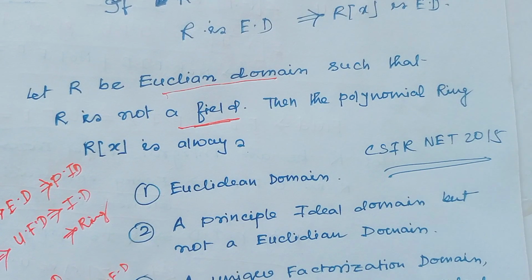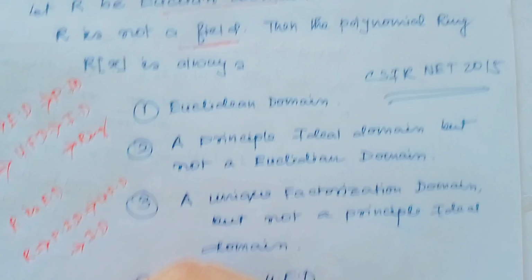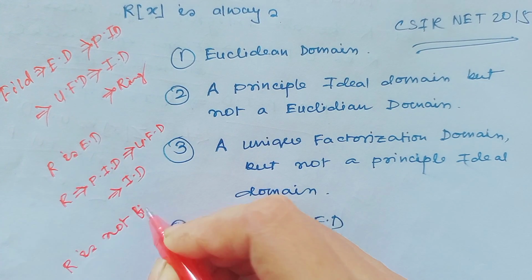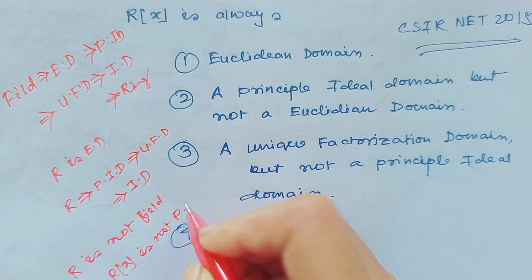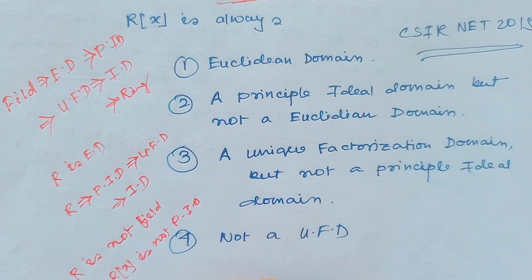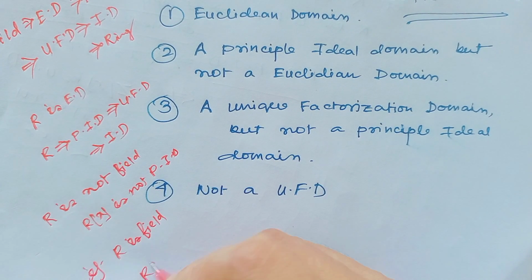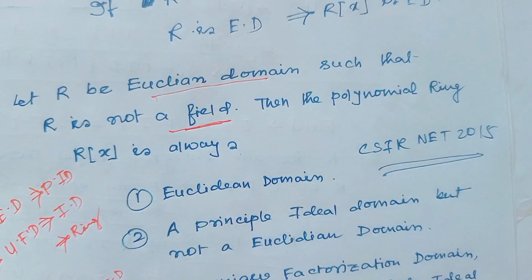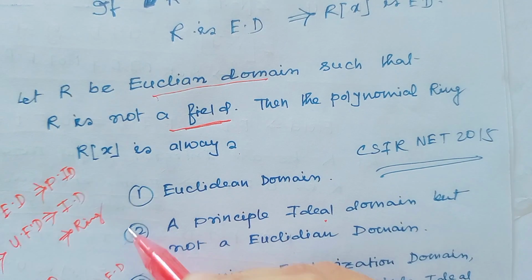But since R is not a field, then R[x] is not P.I.D. Because if R is a field, then that implies R[x] is P.I.D. Since R is not given as a field, R[x] cannot be P.I.D. So the option principal ideal domain but not Euclidean domain is wrong.